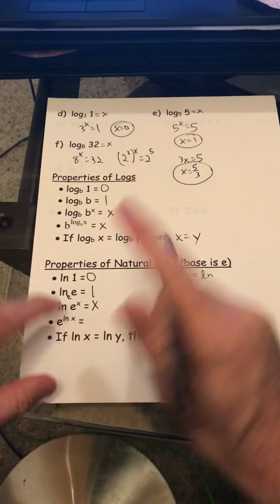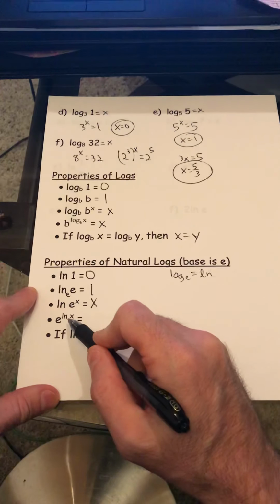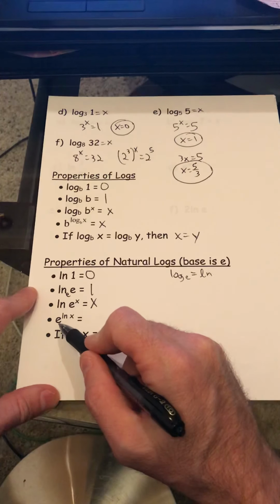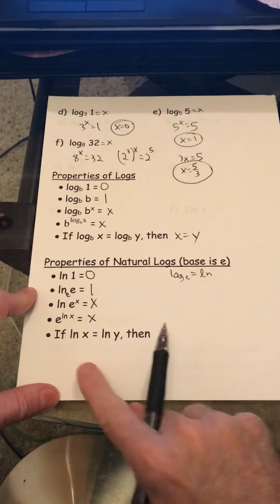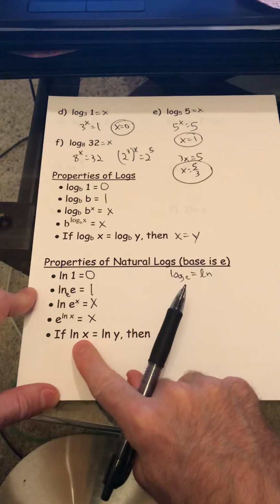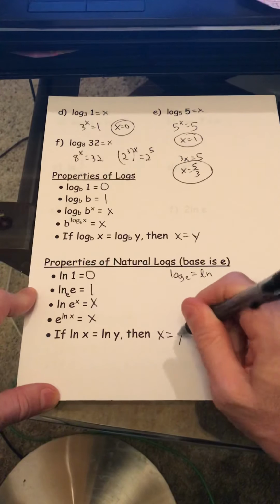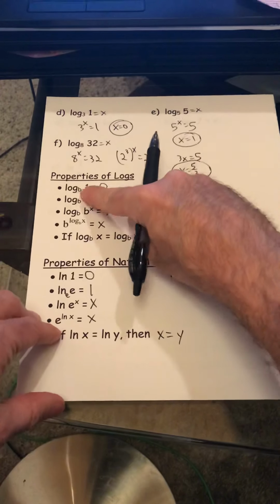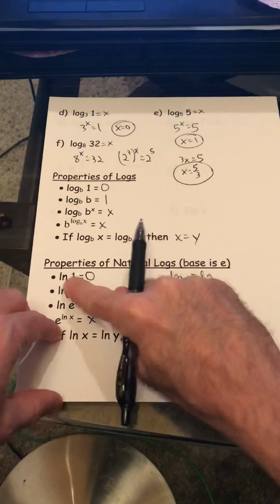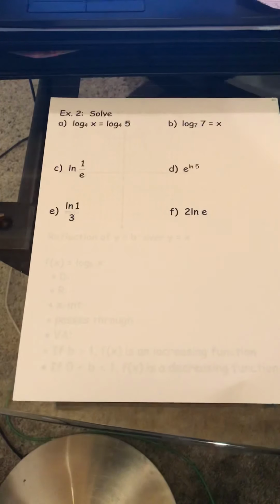And then this one, much like up here, because our base is e, you're taking it as a power of e. They're inverses, and all you're left with is x. And then here, if you have natural log of x equals natural log of y, then x equals y. So these are all kind of the same. It's just a matter of general logarithms, natural logarithms, where our base is specifically e.